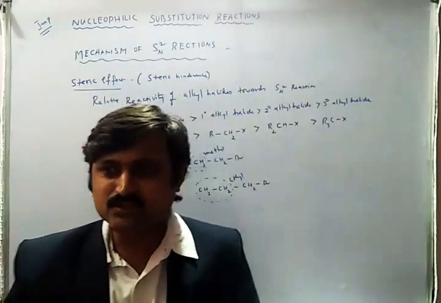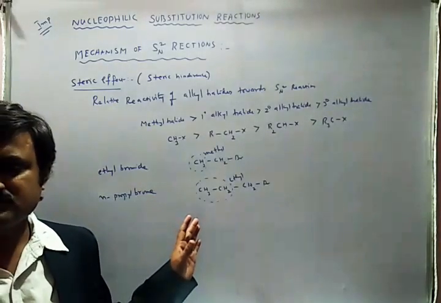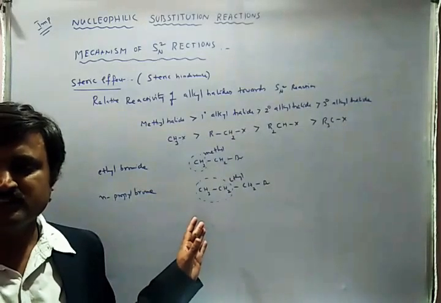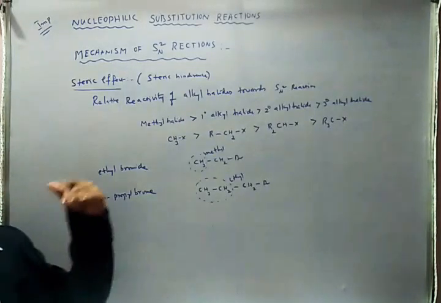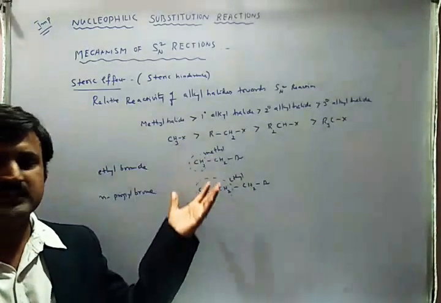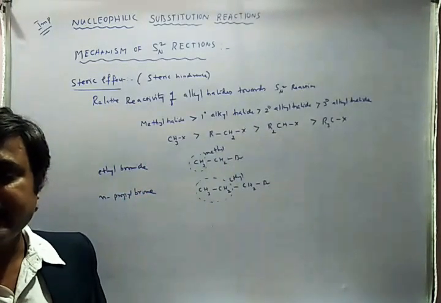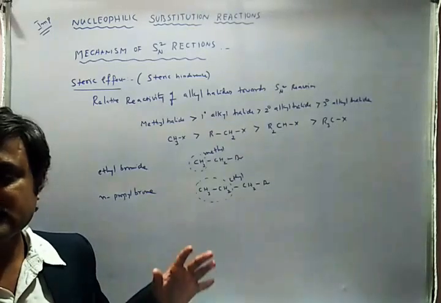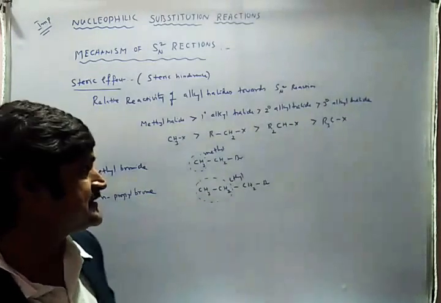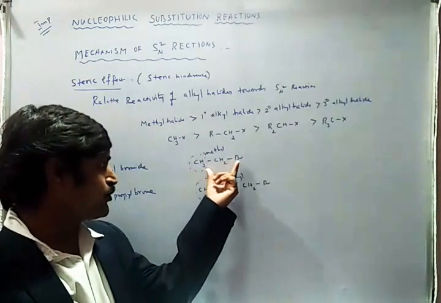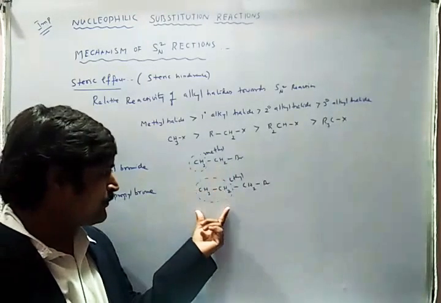So what you understand from these two examples is that the ethyl size is more than methyl. Ethyl bromide is more reactive in Sn2 reaction because the methyl group of ethyl bromide provides less steric hindrance than the ethyl group of propyl bromide.